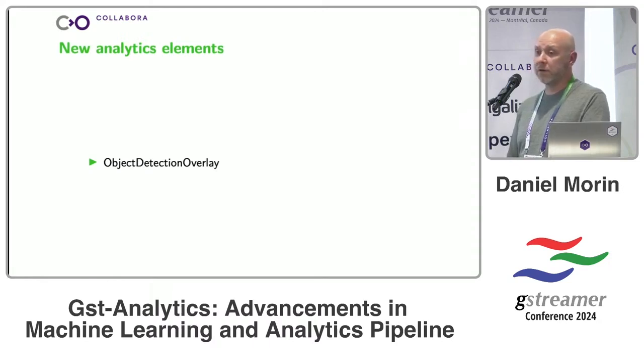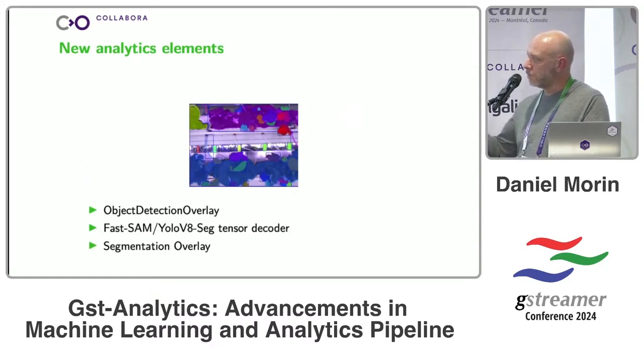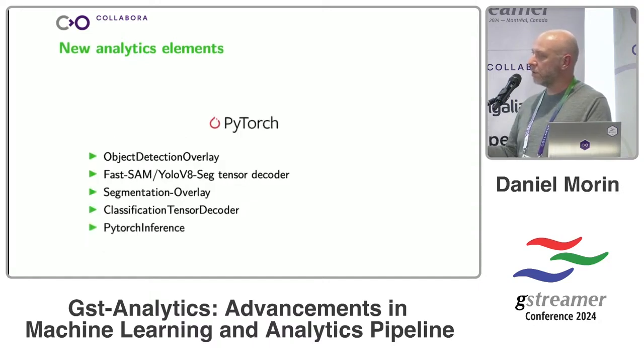So now, the new elements in GStreamer related to analytics: object detection overlay. We have a new tensor decoder for FastSAM and YOLOv8 segmentation, and we have the segmentation overlay. We have the classification tensor decoder. We have support for PyTorch inference.